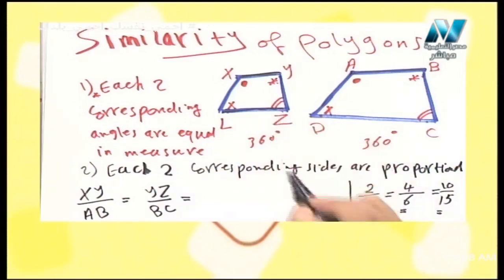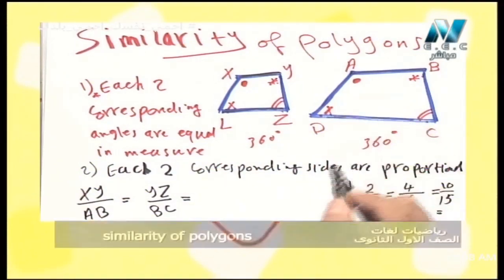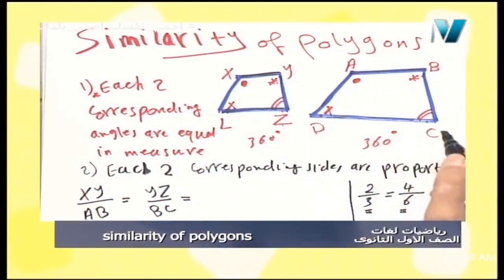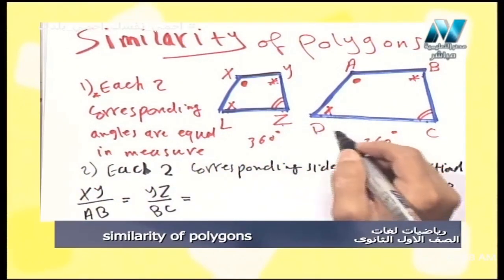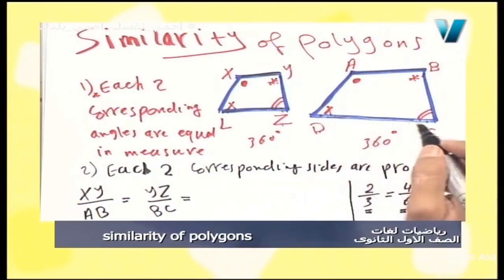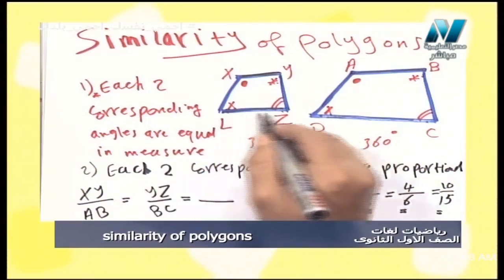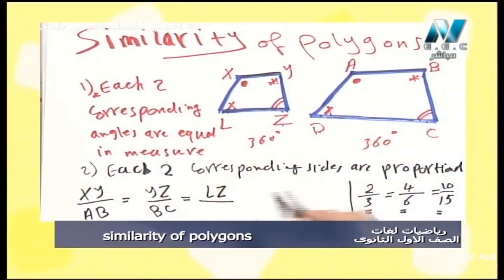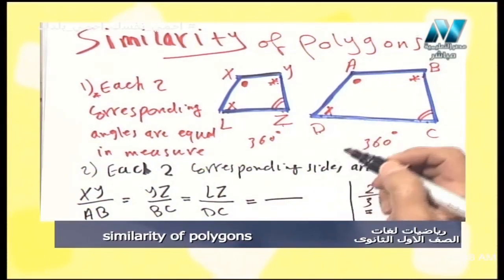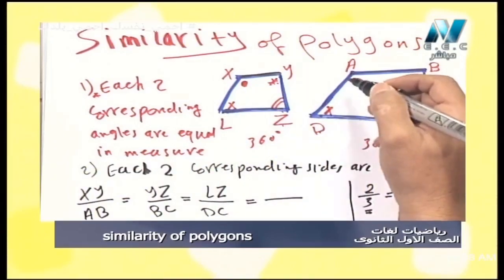What about LZ? The side LZ will be corresponding to DC. It's clear to see that, because measure angle Z equals measure angle C, and measure angle L equals measure angle D. So LZ here in the first quad is corresponding to the side DC. So it makes the third ratio, which is LZ over DC. And the final one, XL, is of course corresponding to the side AD.